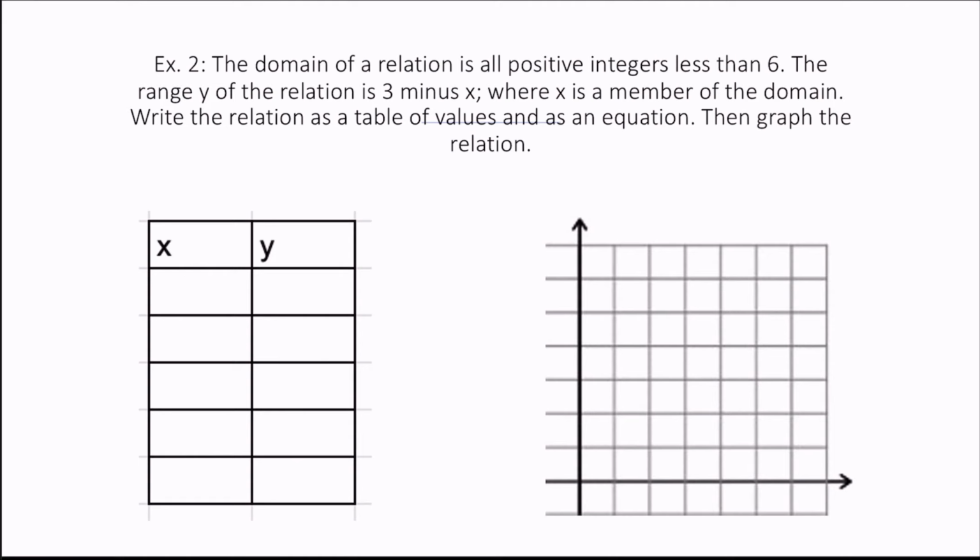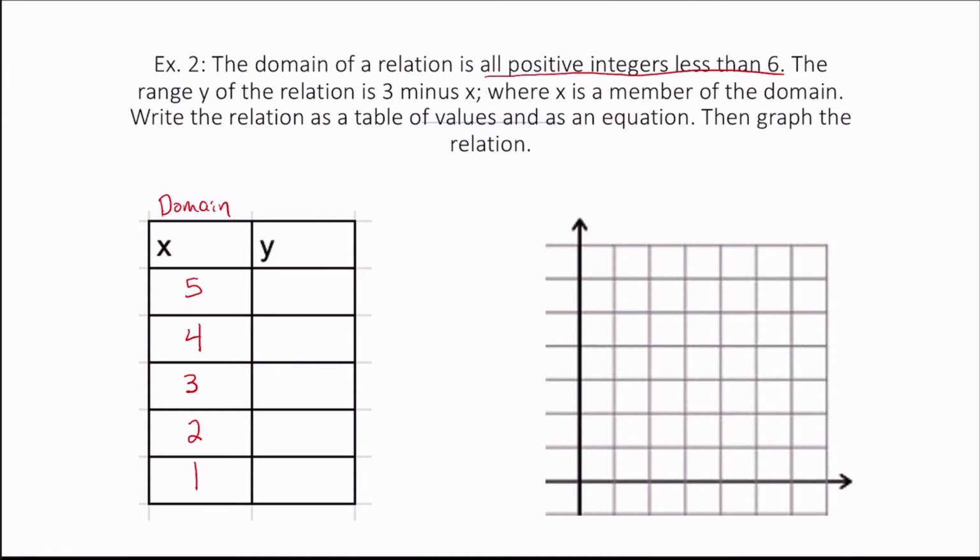So x is the domain, and we want this to be all positive integers less than 6. So 5 is a positive integer less than 6. So is 4 and 3 and 2 and 1. Those are all of the positive integers less than 6.